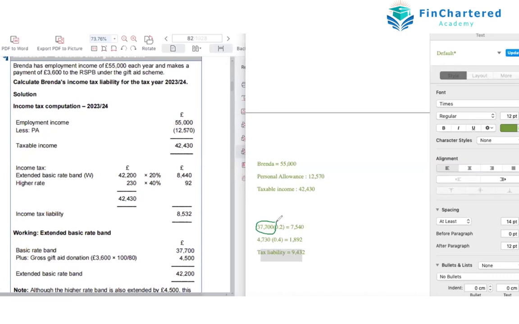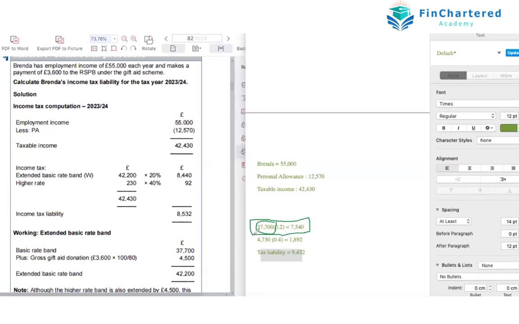But now because you have made a donation, more of your income will fall in the lower category. More of your income will be taxed at 20%. So obviously, if more of your income is taxed at 20%, it's a relief for you.